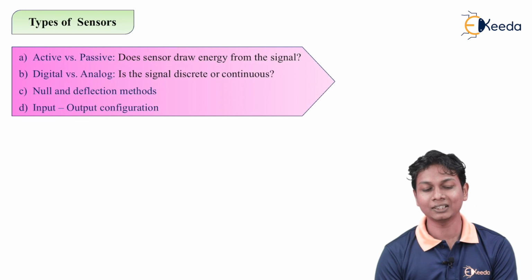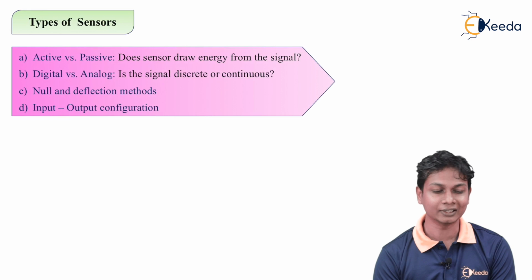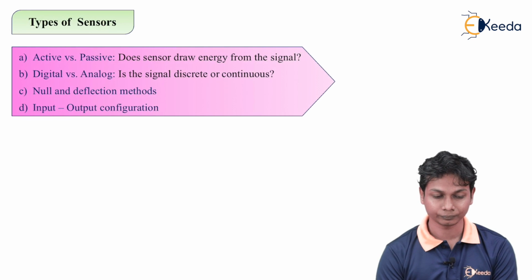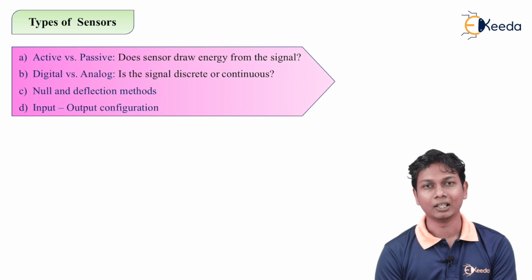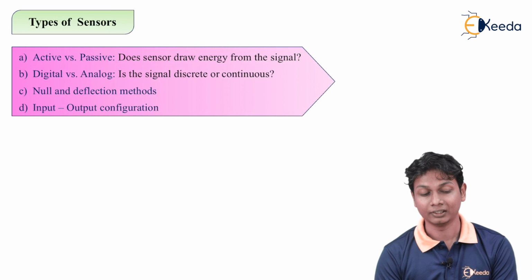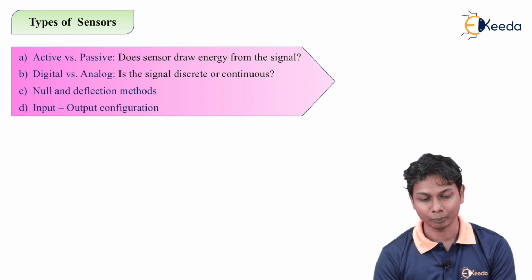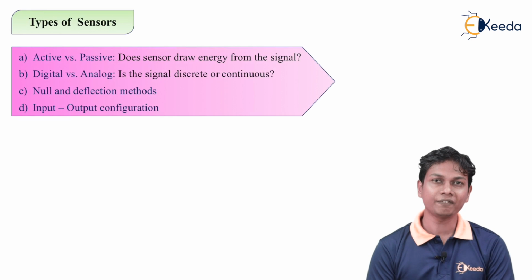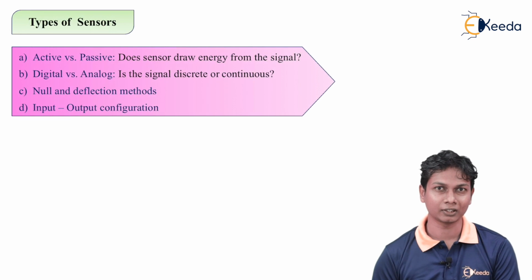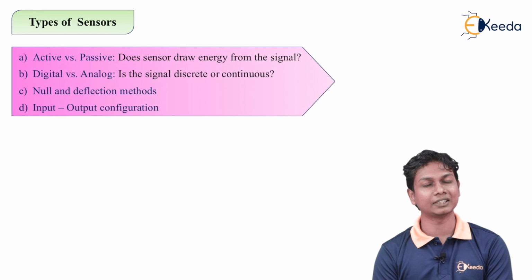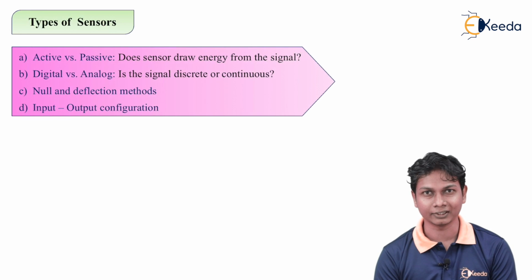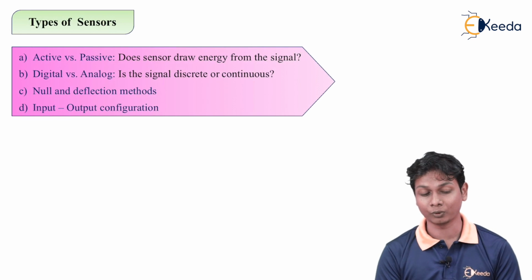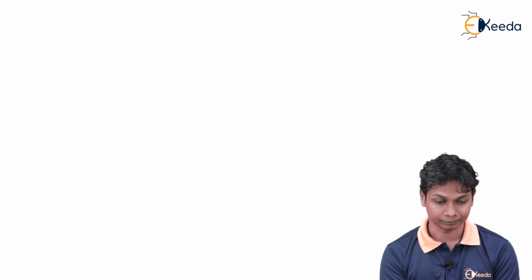If the signal is discrete, then the sensor is digital. In the same way, the null or the deflection method is used as a sensor type. Another is input and output configuration. Whether we consider input characteristics or output characteristics, the input and output configuration is also important.